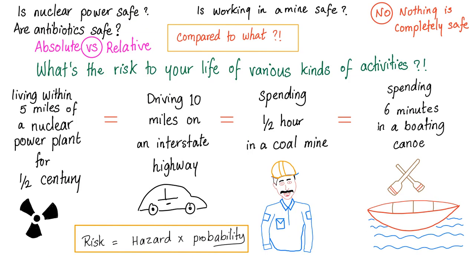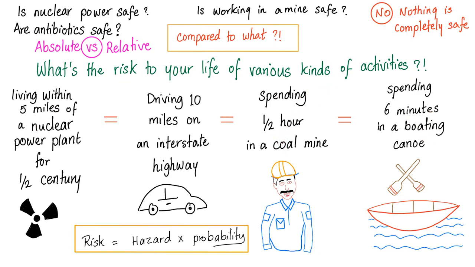Let's have some fun with biostatistics and economics. People ask: is nuclear power safe? Is working in a mine safe? Are antibiotics safe? Is chemotherapy safe? Is surgery safe? Well, the answer is no. Nothing is completely safe on the face of this planet. The question is, compared to what? One of the economists tried to find the risk to your life of various kinds of activities.